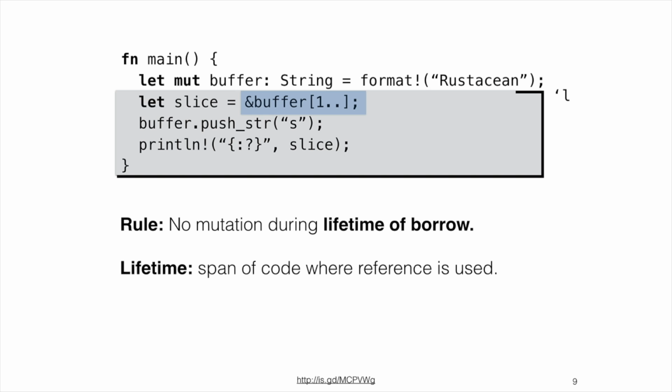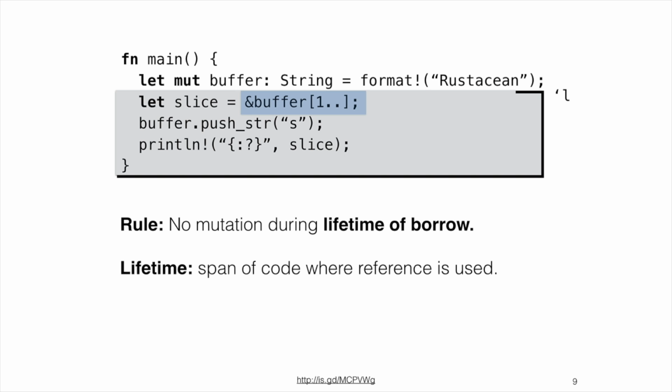So you'll often hear this word lifetime used in Rust tutorials and so forth. A lifetime is really a span of code in which a reference is used, right? So here, the lifetime is starting from the let and going to the closing brace. And we usually give lifetimes names. I'm just going to give this one the name tick L. That's Rust notation. It's that tick L that's on the right side of the screen.